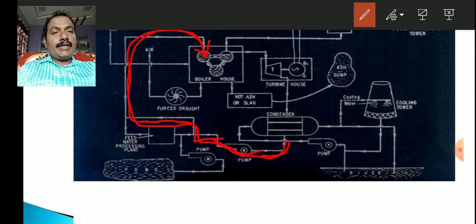So this water is heated up and this water is converted into steam, and the steam is produced and the steam is coming to the turbine. So this is the turbine. From the turbine, this exhaust steam is coming to the condenser.